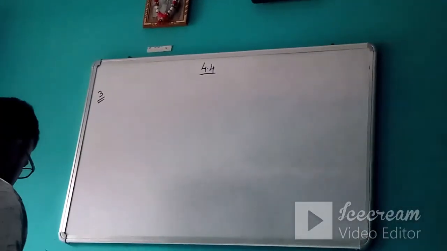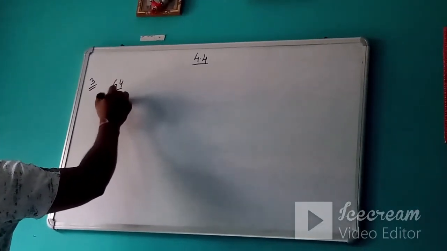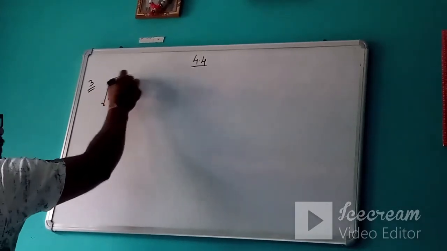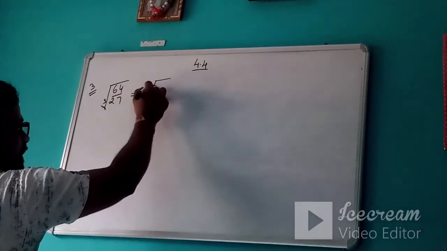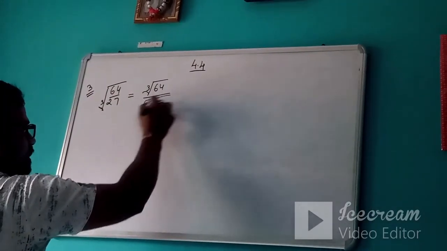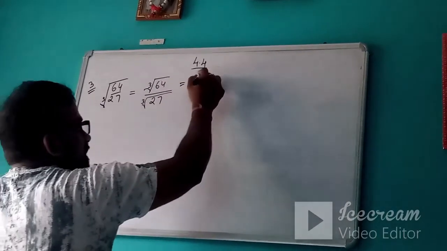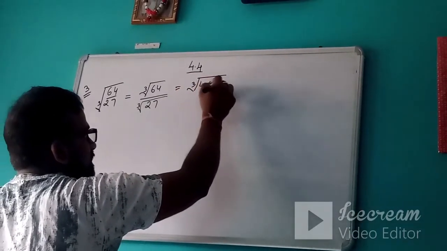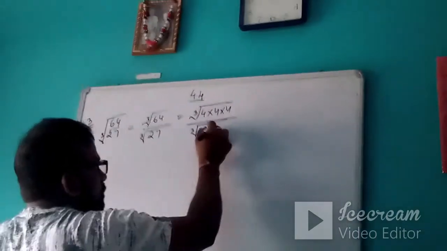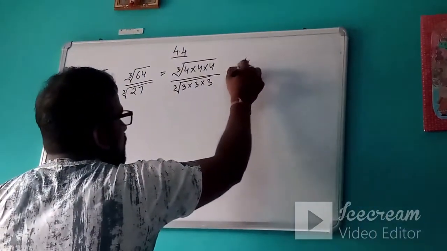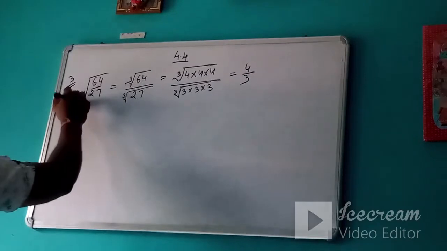Next we have to find the cube root of rational numbers, for example 64 upon 27. We can separate the numerator and denominator. We can write 64 as 4 into 4 into 4, and 27 as 3 into 3 into 3. So what you will get? 4 upon 3.